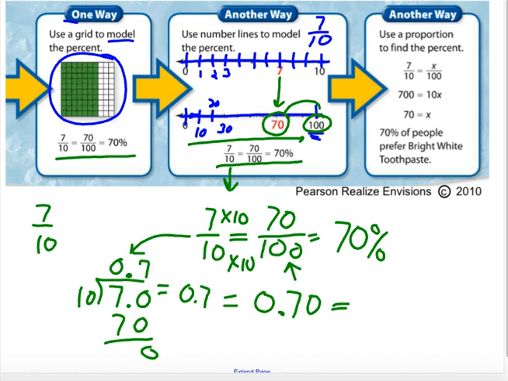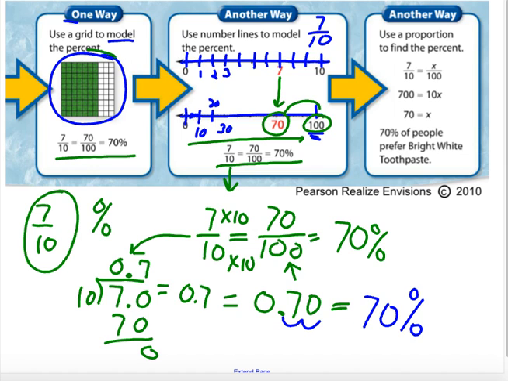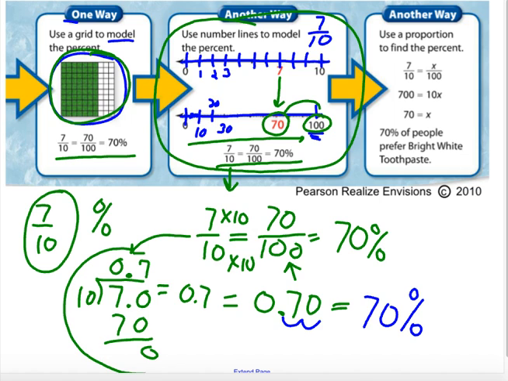And then all we have to do is move our decimal point 2 places over and convert it into the percent symbol. Okay? So there's several ways you can actually model this amount as a percent. You can use the grid system, you can use number lines, or you can use division, which we've learned a couple of times in class.